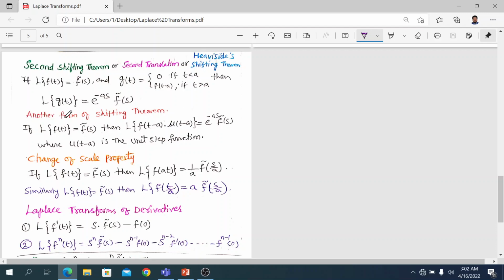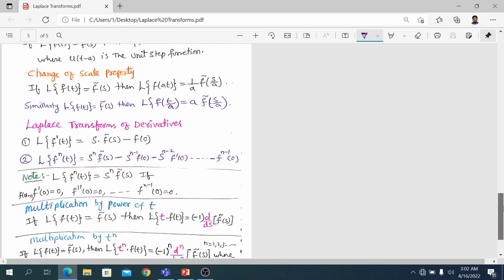And another form of shifting theorem, if Laplace of f of t is equal to f bar of s, then Laplace of f of t minus a into u of t minus a is equal to e power of minus as f bar of s, where u of t minus a is the unit step function.